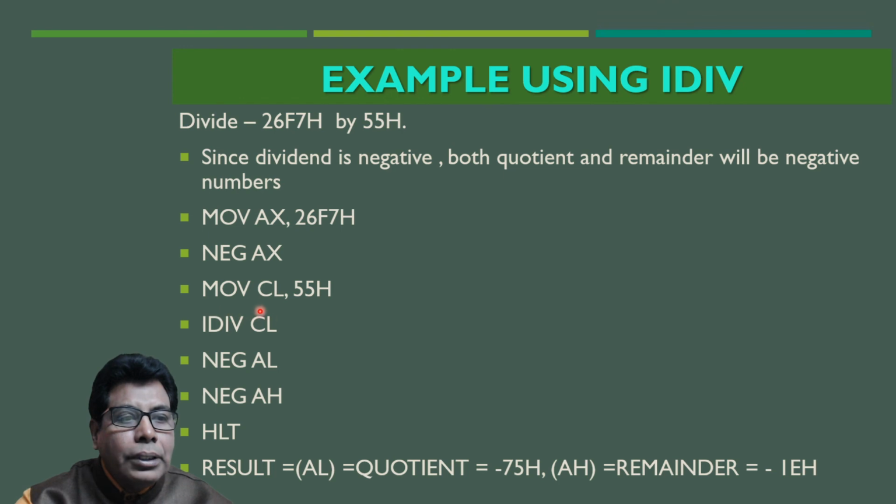Then MOV CL, 55, that is the divisor. Then IDIV CL will perform the signed division. After that we have to negate the quotient as well as the remainder. Negate AL, negate AH, both will be negated, and we get the quotient as minus 75 and the remainder as minus 1.